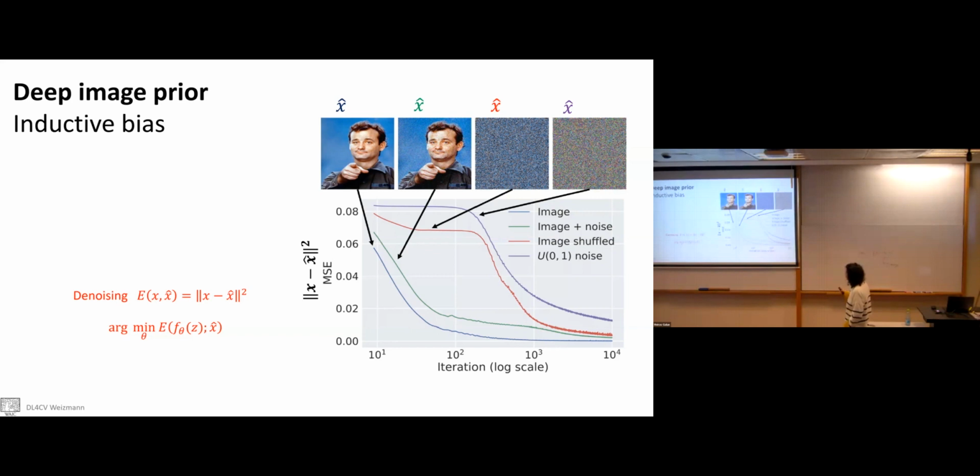When the degraded image is mostly noise, the loss takes a lot of time to approach zero. When you start from something which is based on natural images, the loss very quickly goes down to zero. So it seems that the neural network is reluctant to noisy images and descends much more quickly and easily towards natural-looking images. And the question is why.